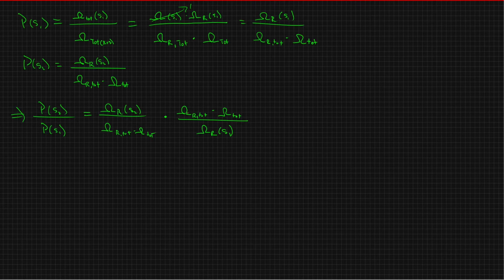So that was basically just a real fancy way of canceling out those two factors to show that the ratio of the probabilities is equal to the ratio of the reservoir multiplicities for S2 and S1. Since we were specifically considering just a single microstate, we were able to set that to 1 in both points, and so it only depends on the reservoir itself.